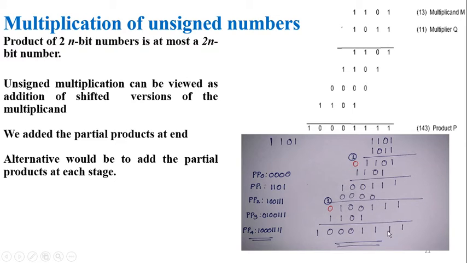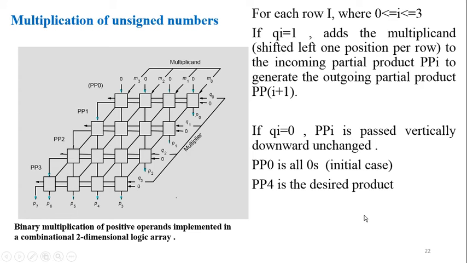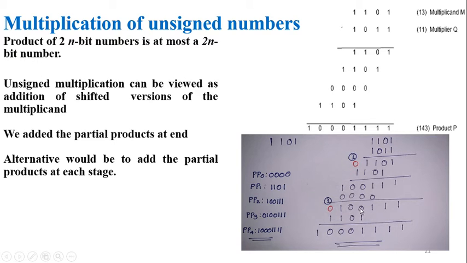1 here, 1 here, 1 here. 0 plus 1 is 1, 0 plus 0 is 0, 1 plus 1 is 0, carry 1. The 1 inside the circle indicates the carry from the previous column. This 0 indicates the sign extension of this partial product.